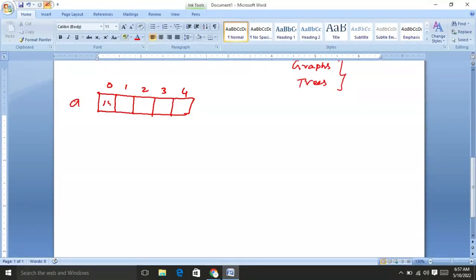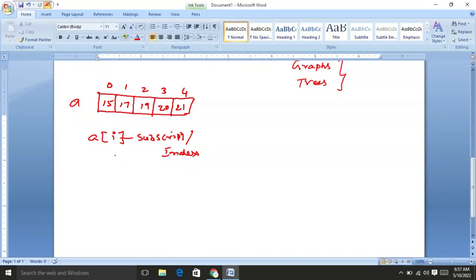Here we store 15, 17, 19, 20, and 21 as the data. Then how are we going to access the values by using the index of an array? Simply we write A of I, where I is a subscript or index value.